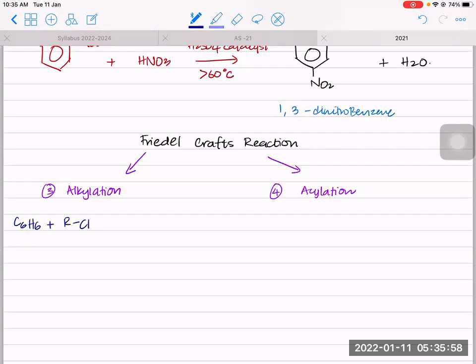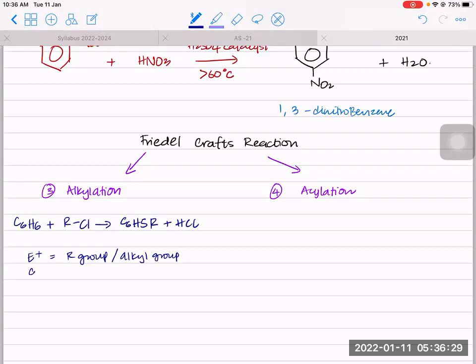R is the alkyl group. Yeah, that's what you want to substitute on the benzene ring. So C6H5, one hydrogen is lost, and you will have the R group or the alkyl group on the benzene. Yes, and that H that is lost with the Cl minus will become HCl. So your electrophile basically is the R group or the alkyl group.